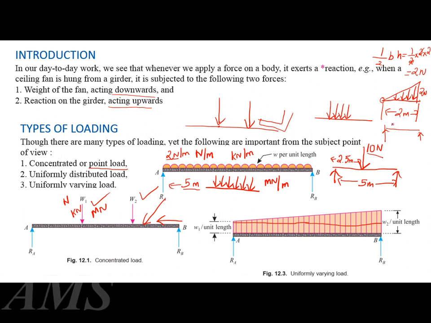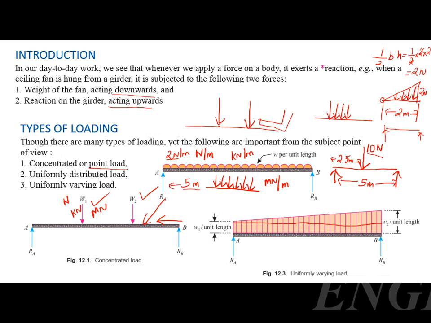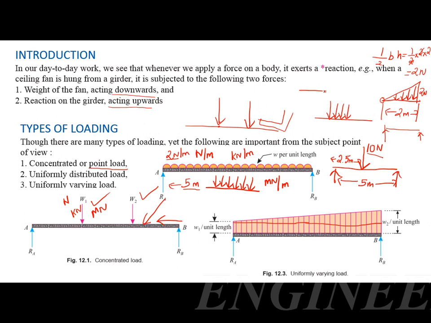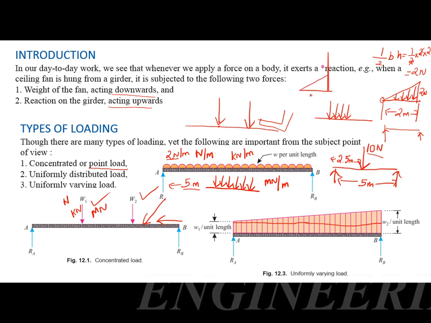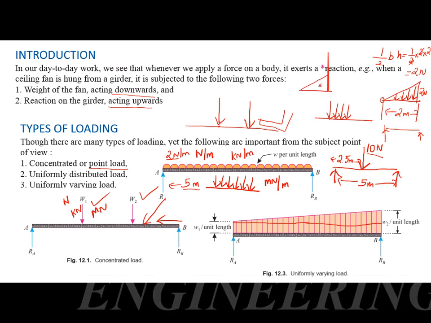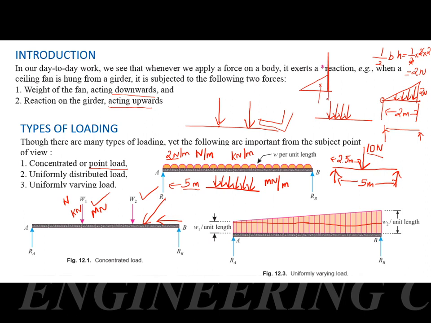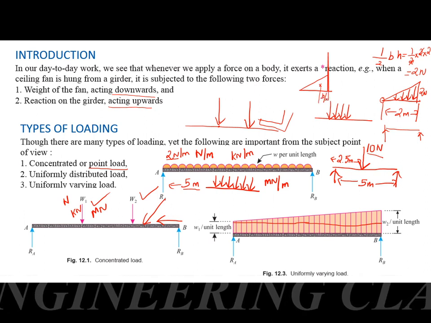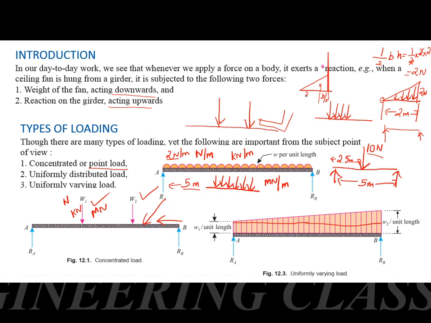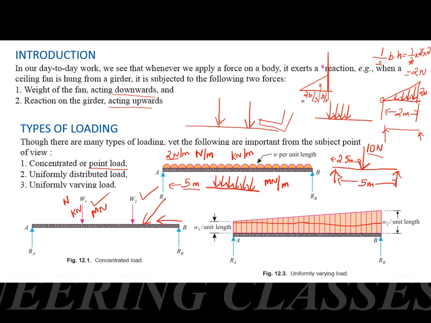The next thing is we have to find where it will act. It will act at the centroid of the triangle. Here it is a right angle triangle. Its centroid will be here, and it will be represented by b by 3 from the base. From the altitude, it's 2b by 3.